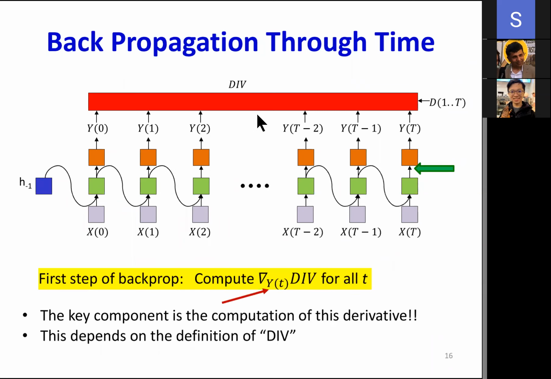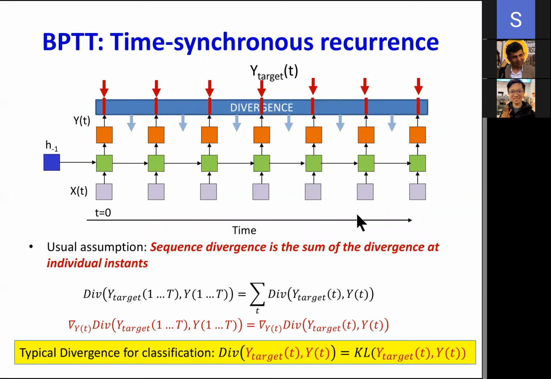So the first step over here, of course, is to compute the derivative of the divergence with respect to each of these outputs. And very often in this one-to-one correspondence situation, we're going to make an assumption that although in theory we are looking at the divergence between two sequences, this divergence can be broken down into the sum of the local divergences at each time.